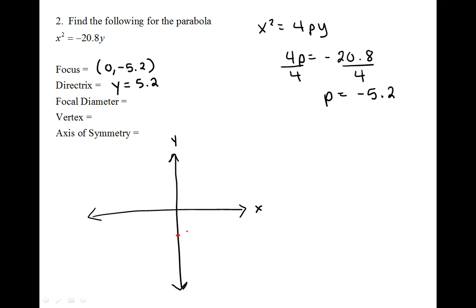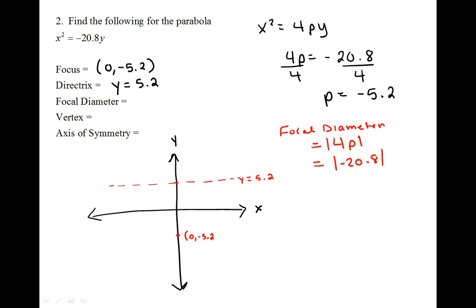So your focus here is 0, negative 5.2. And then up here, that's your directrix at y equals 5.2. Your focal diameter is equal to the absolute value of 4p, which would be the absolute value of negative 20.8, which just equals 20.8.